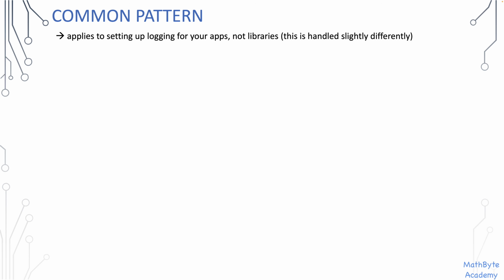I'm going to discuss what we're here for, which is adding logging to our applications. So the way that's done most often is we configure the root logger to emit our logs to one or more destinations via one or more handlers. So maybe we're going to emit to the console and we're going to emit to syslog, for example.